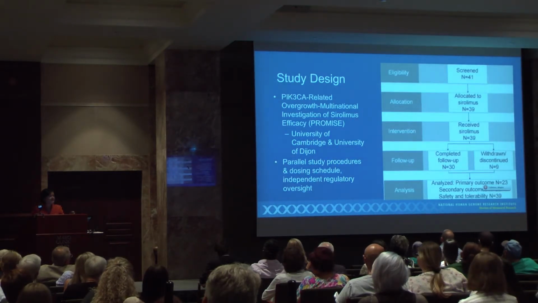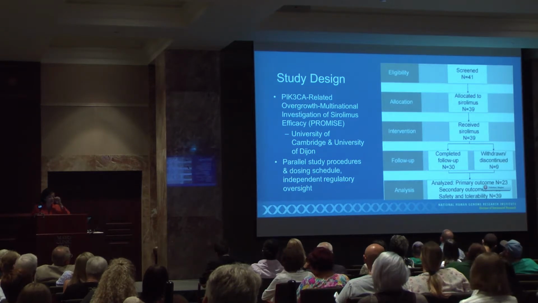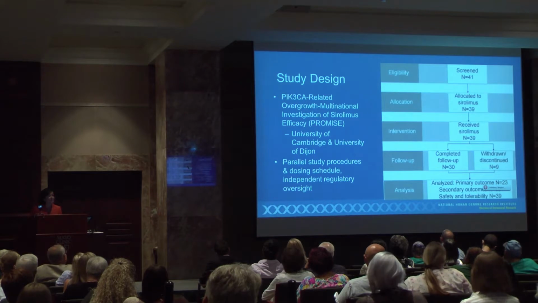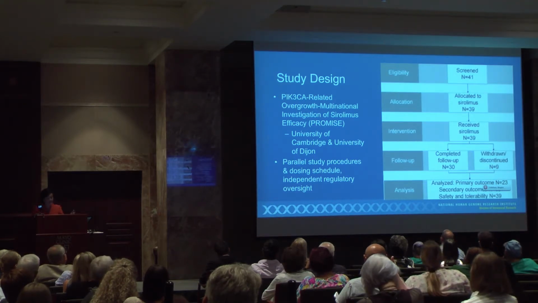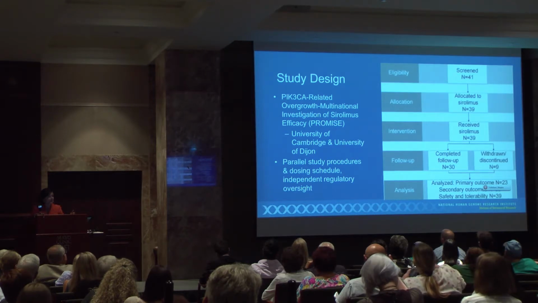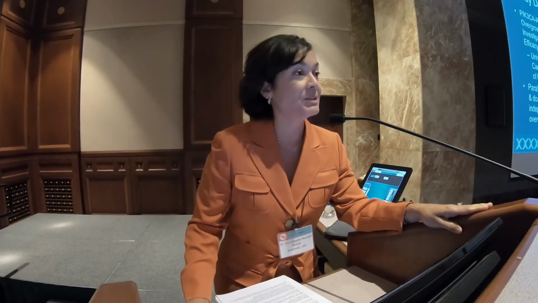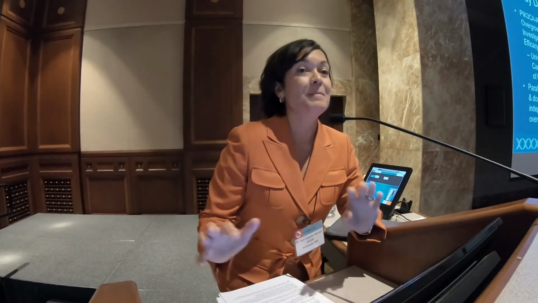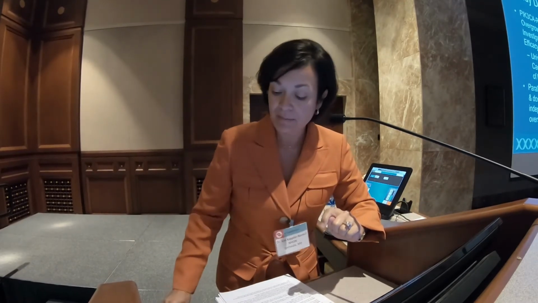So our study design was developed by a consortium that we have been involved with, one from University of Cambridge in the UK and University of Dijon in France. And we had parallel study procedures, dosing and scheduling, but we had independent regulatory oversight because they're so different in different parts of the world. It would be difficult to try to make it uniform in that way.